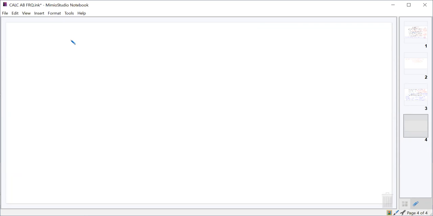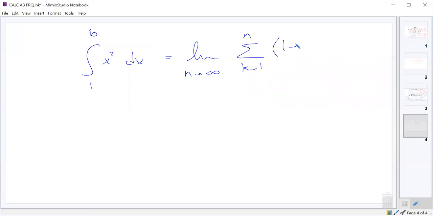Mark was asking about one of the multiple choice from last week, which was: the integral from 1 to b of x squared dx is equal to the limit as n approaches infinity of the sum from k equals 1 to n of (1 plus 2k over n) squared times 2 over n. And we want to know what value of b makes that true.